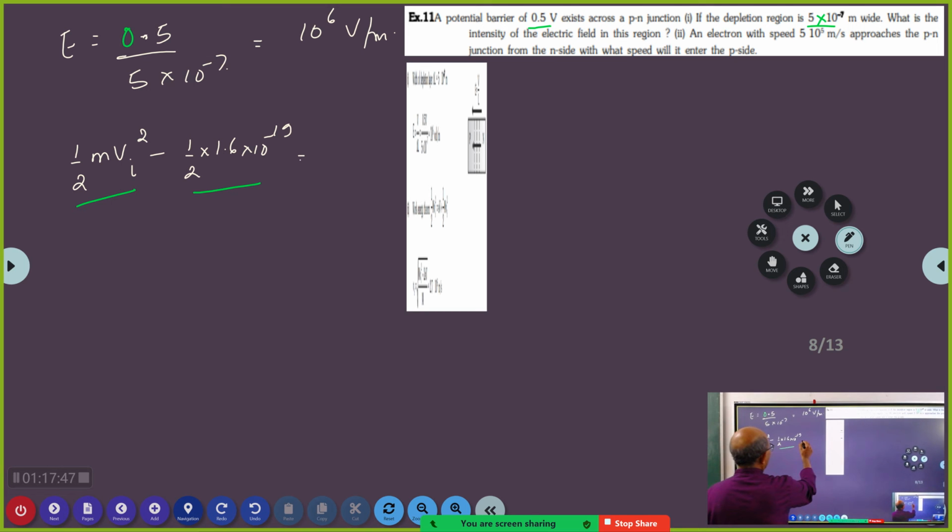And it will come out with this half m Vf square. But you should know what will be its speed when it enters the P side. So this will be the equation, correct? Half will go.